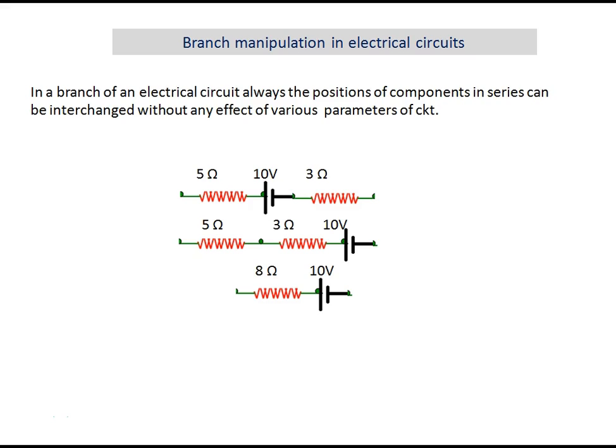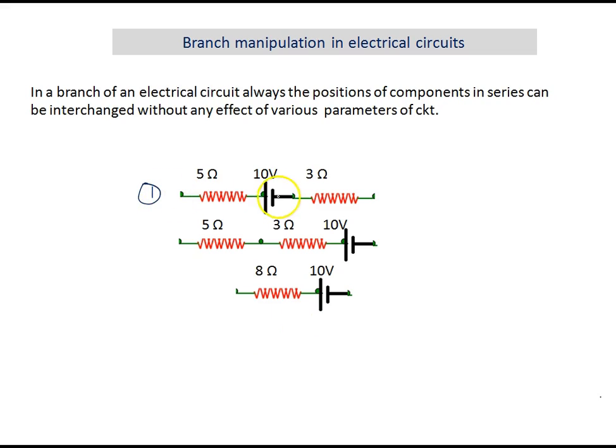Now I will discuss branch manipulation in some circuits. This is a series circuit. You observe the first diagram. In series, we can manipulate the branch as per our wish. You can shift the cell here, you can shift the resistance here, you can add them, and finally write it to simplify the solution.